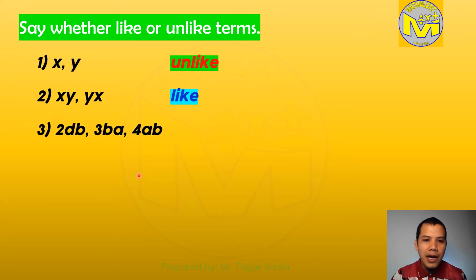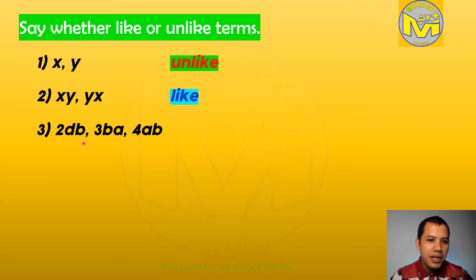Next, we have 3 terms here: 1, 2, 3. What do you think? Are they unlike or like terms? Somebody says unlike, somebody says like. Look at this.